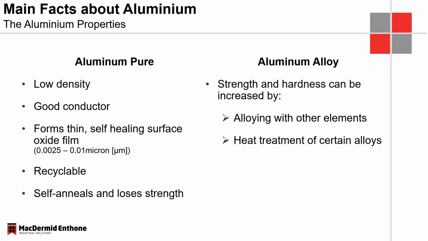One of the downsides of using pure aluminum is that it doesn't have a high strength, and when it is treated, it will actually self-anneal or lose strength. A way around this self-annealing problem and the softness of pure aluminum is to alloy the aluminum.